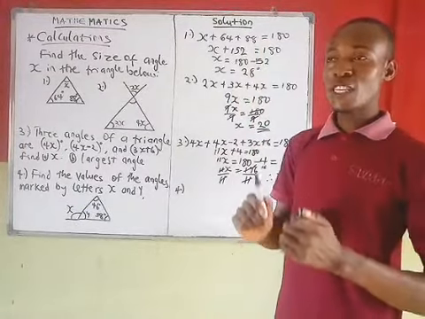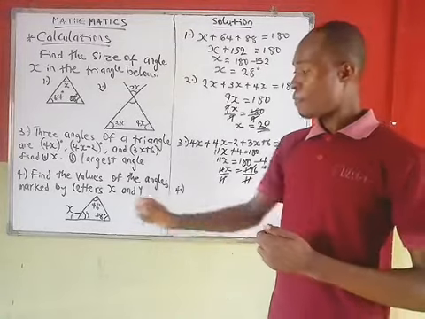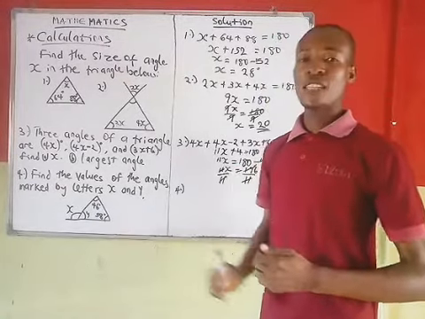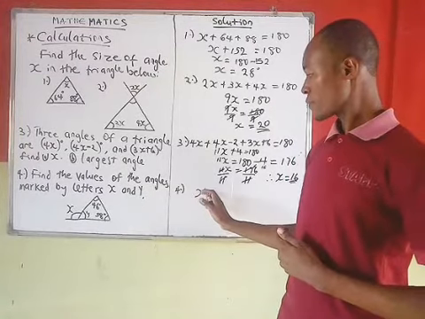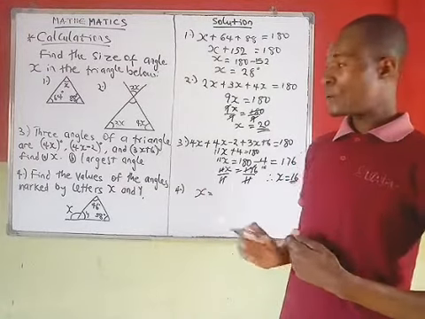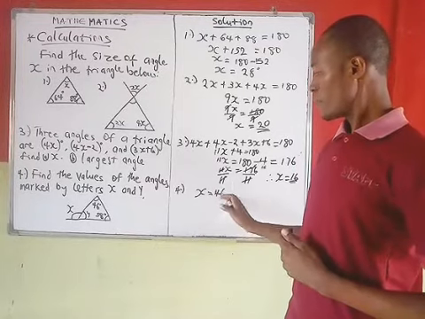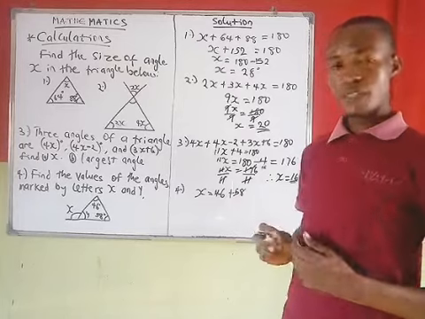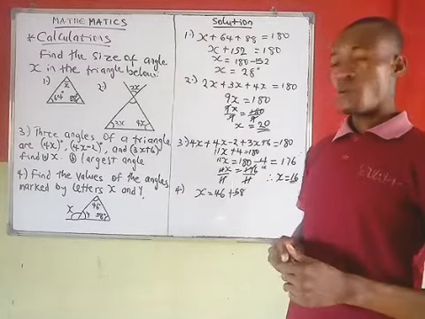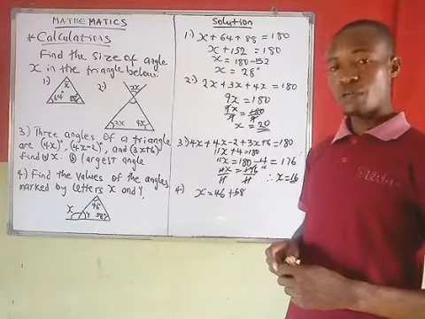The opposite 2 interior angles are 46 and 58 degrees. So we're going to equate them. We'll have x is equal to 46 plus 58. Now, when you add this, what will you have?